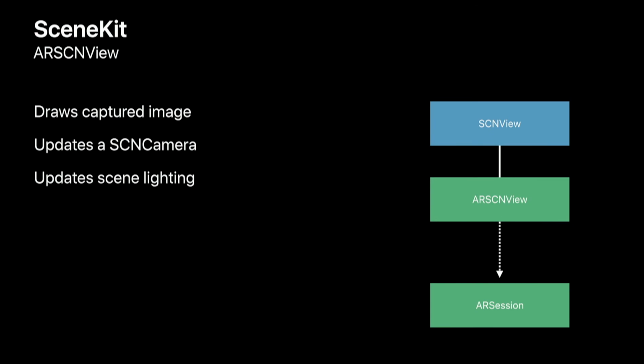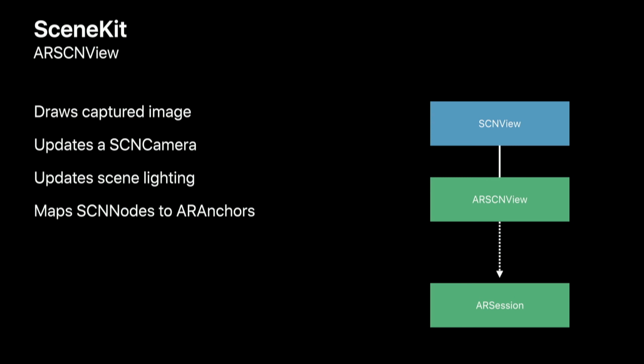If you're using light estimation, we automatically place an SCNLightProbe into your scene. So if you use objects with physically based lighting enabled, you can automatically take advantage of light estimation. And one thing that ARSCNView does is map SCNNodes to ARAnchors.